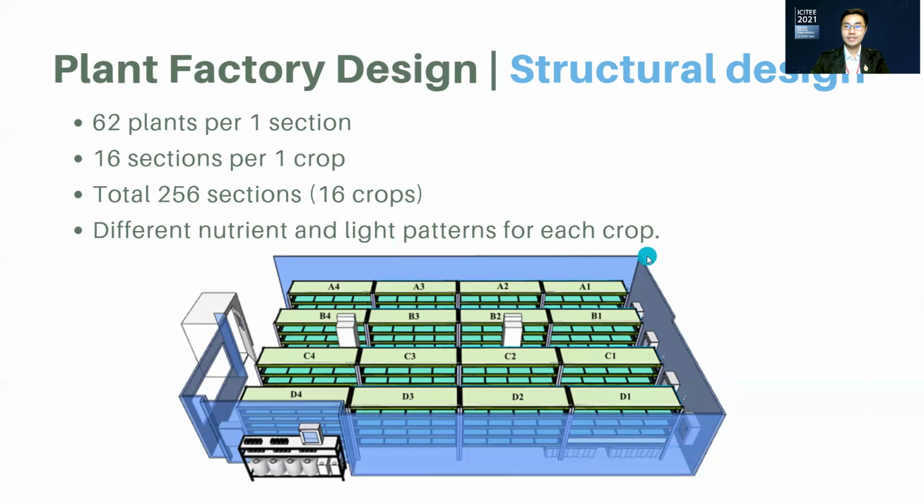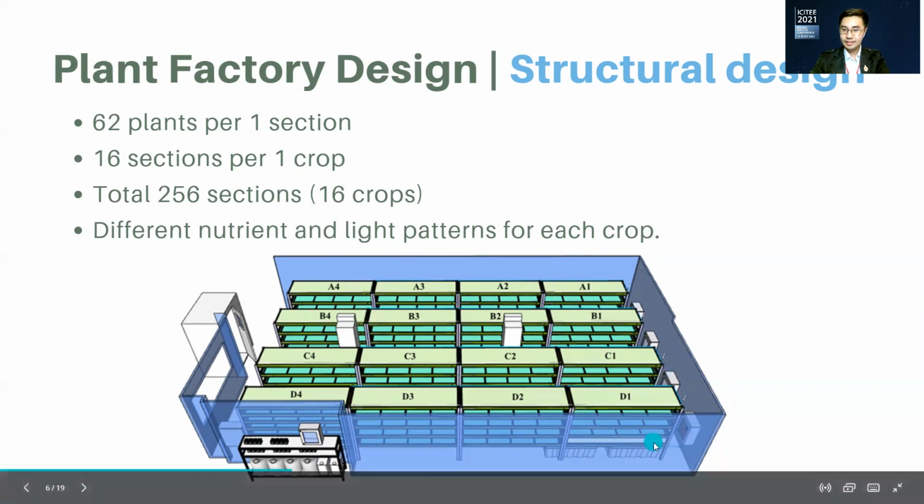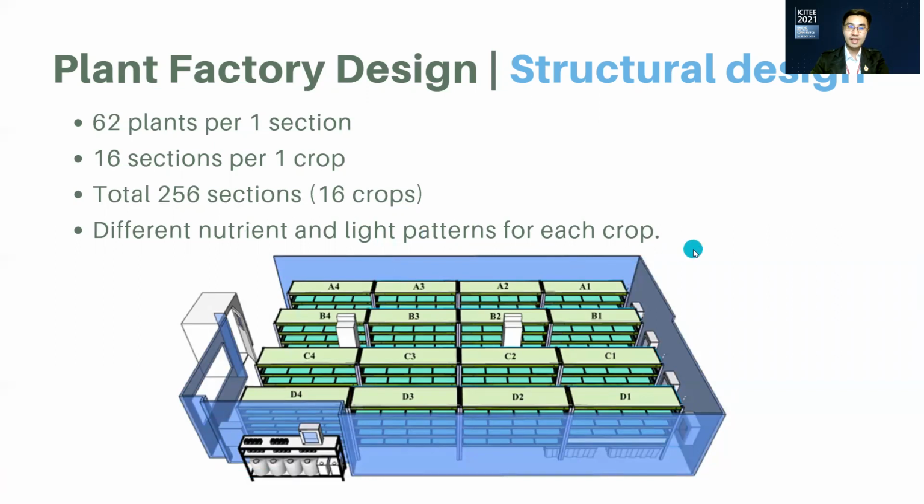We name the crops A1, A2, A3, A4, and B, C, D in the rows and columns. So we have a total of 256 sections, and each one has a different nutrient and light pattern for each crop.